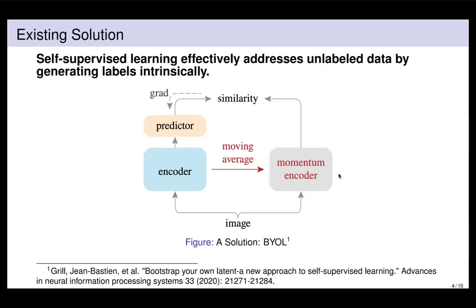In BYOL, we use a momentum encoder to generate the targets, the pursuit targets, for the given images. And we use the encoder and the predictor to predict these self-generated targets. And we use the loss to perform gradient descent and update our model.